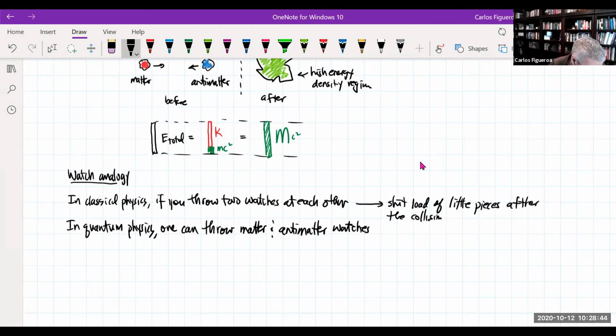What I mean by that is that you could imagine that here's a watch, and this is going to be my matter watch, right? And it has certain quantum numbers. I'm going to be throwing it in this direction here. And then I can throw my antimatter watch. I'm assuming that the antimatter watch rotates in the opposite direction.